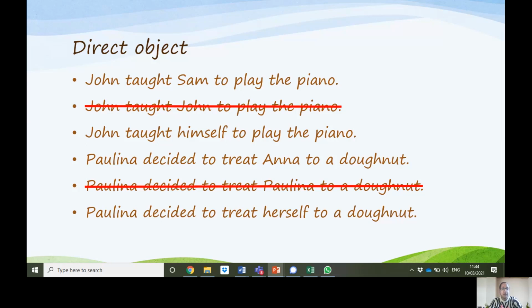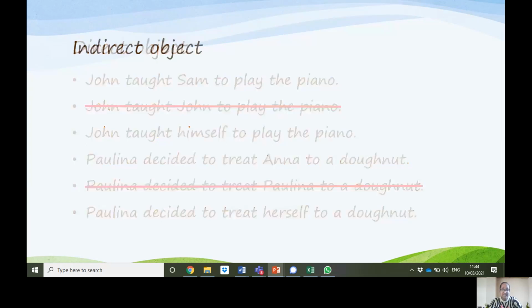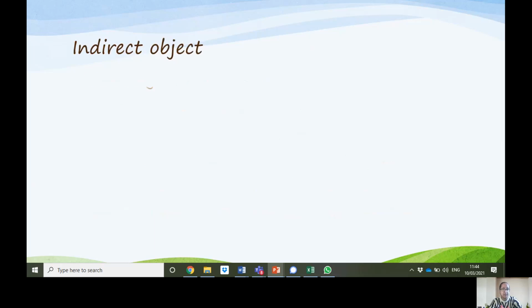Okay. Moving on to the indirect object. For example, Tom bought a box of chocolates for Sarah. What did he buy? He bought a box of chocolates. A box of chocolates is the direct object. Sarah is the indirect object. For whom did he buy the chocolates?